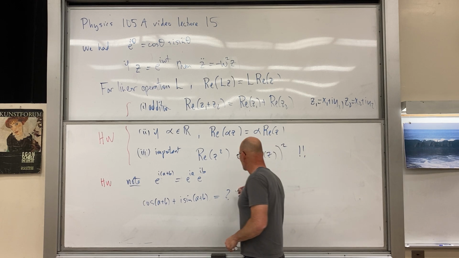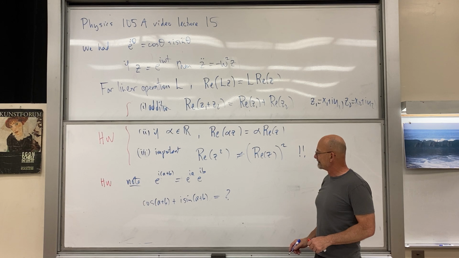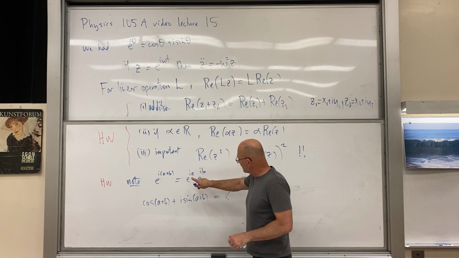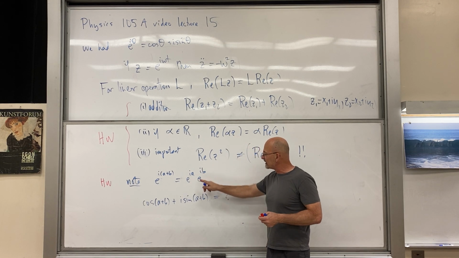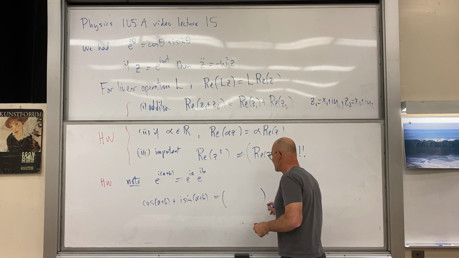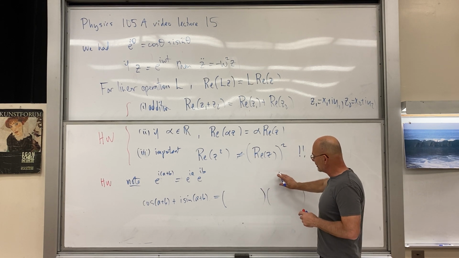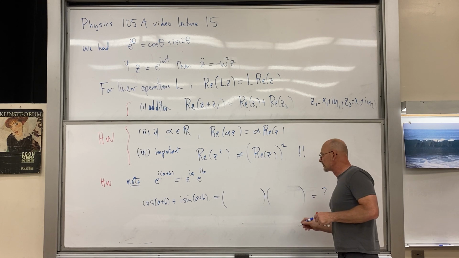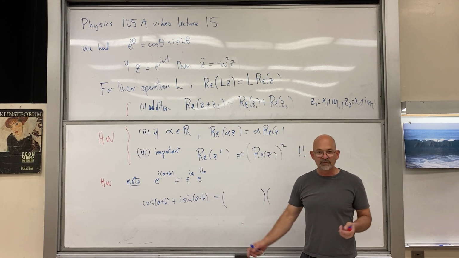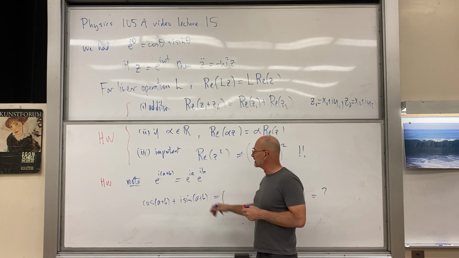So homework is to prove those formulas. In other words, e to the ia, cosine a plus i sine a, in parentheses, times e to the ib, and see what comes out. Those are just the addition formulas for the sine and the cosine. And you don't have to memorize them anymore, although you probably have, but you can always rederive them using this formula.